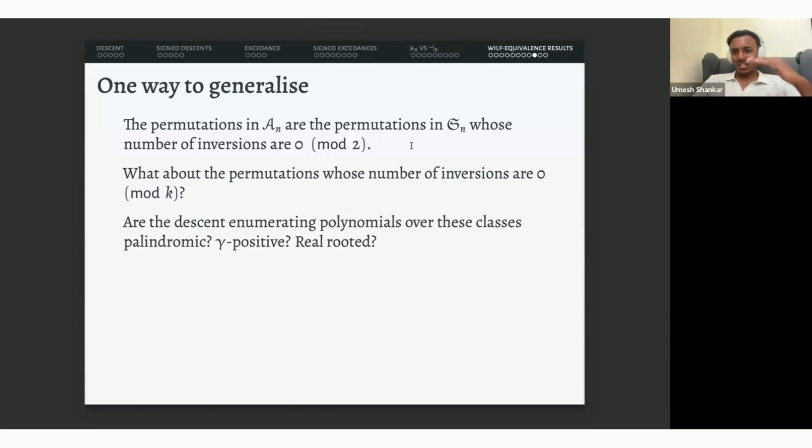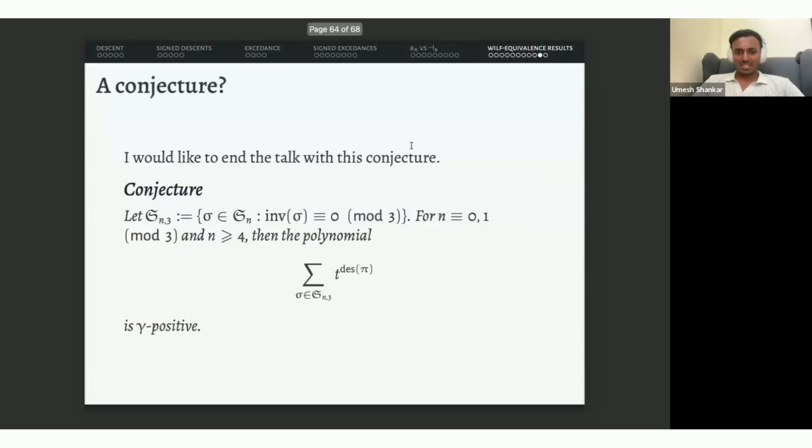That is a problem. But as far as evidence goes, it seems that whenever these polynomials are palindromic, they end up being gamma positive. So we can ask whether the descent enumerating polynomials over these classes are palindromic, gamma positive, or real rooted. We can ask these questions for general q. And here is a concrete conjecture.